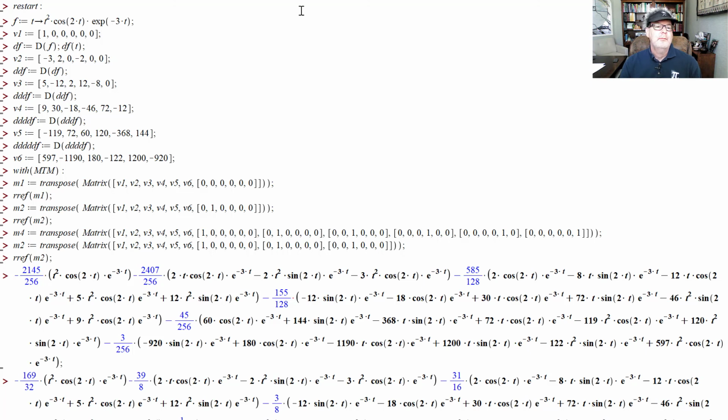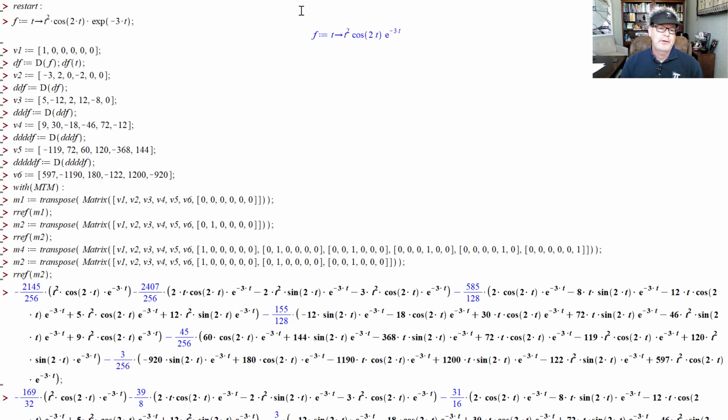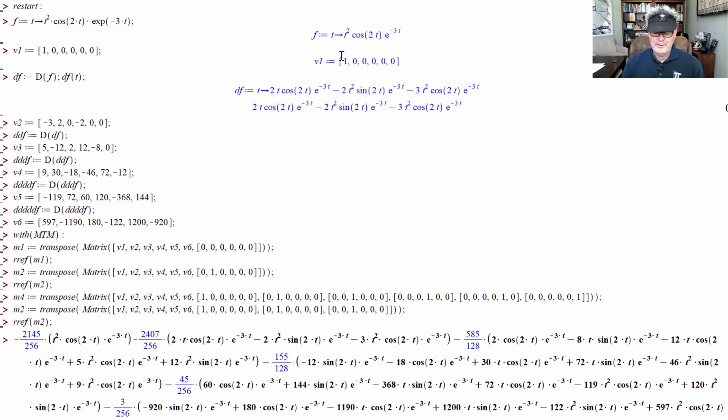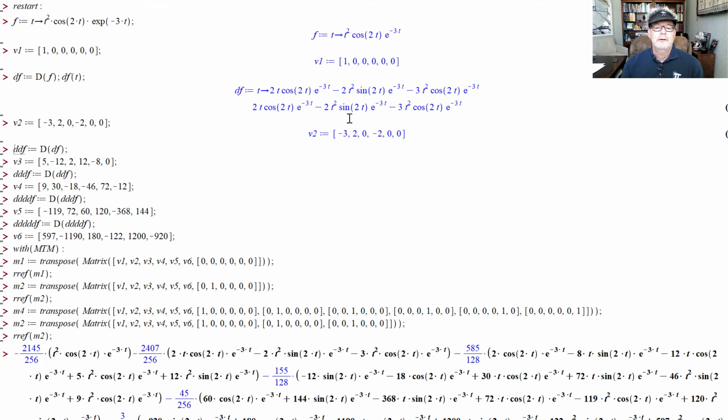And maybe just a look at that function, and every time I differentiate, I do get a new function. If I put it in vector spaces, where the first component is how many of the t squared e cosine I have, and then the next is t e cosine, then 1 e cosine, then t squared e sine, t e sine, and 1 e sine.